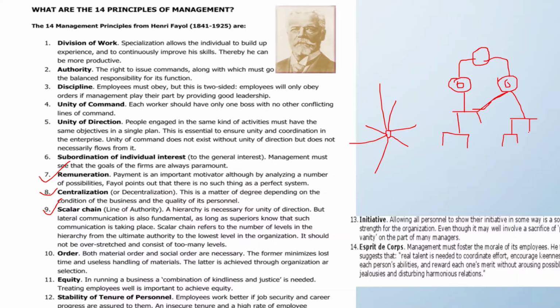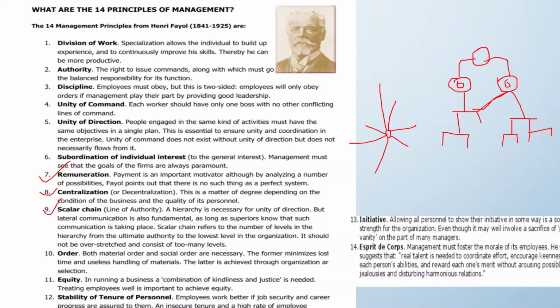It's a network. Executives report to the supervisor or team leader. Then the supervisors report to the manager. The managers report to the head of the department. So likewise, it's a chain.